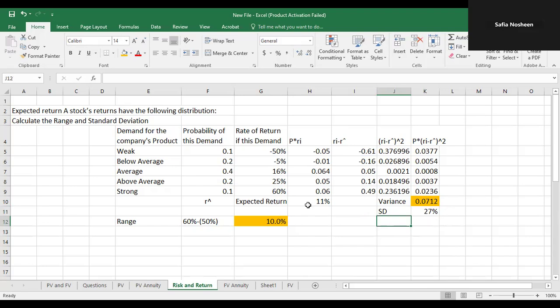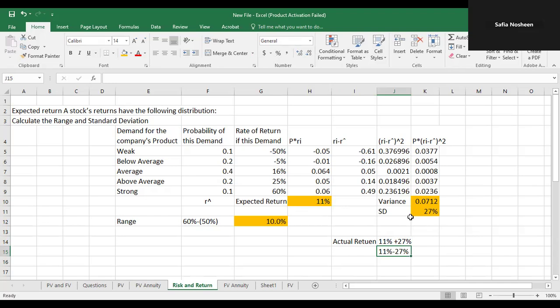It means that our actual return can be 27% more or 27% less than our expected return of 11%.